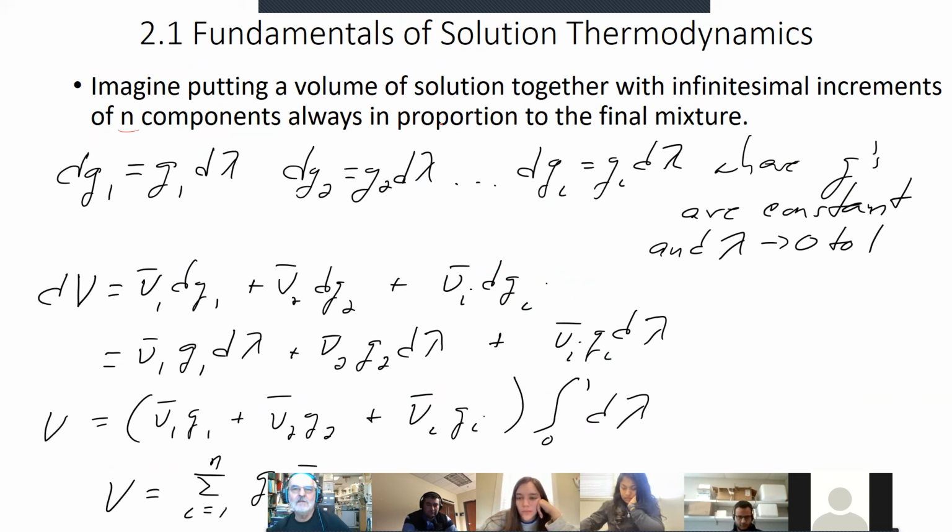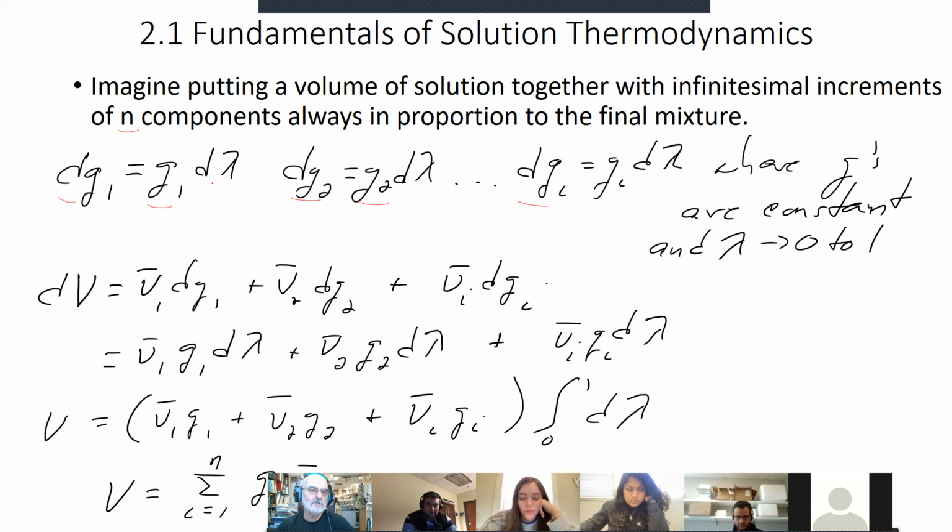We're always going to add them in the correct proportion, the proportion that corresponds to the final mixture. So I'm going to add a little bit of component 1 and a little bit of component 2 and a little bit of component i, and I'm going to keep adding a small amount.